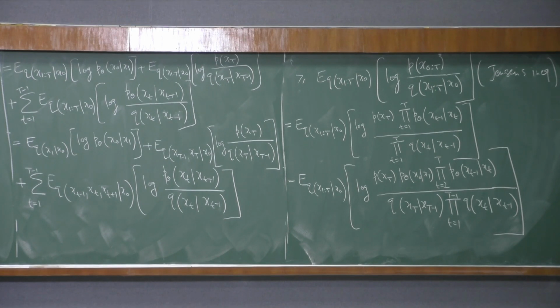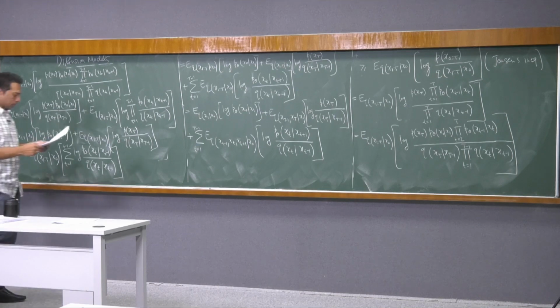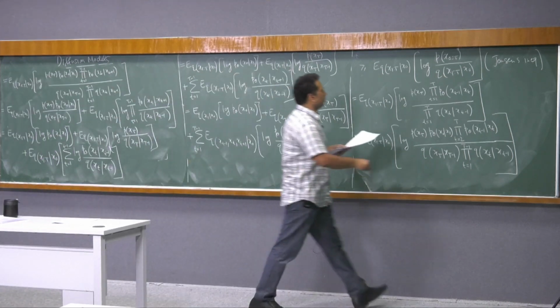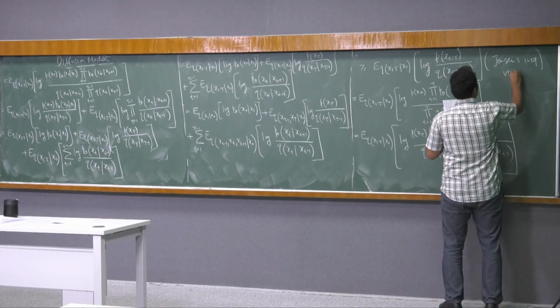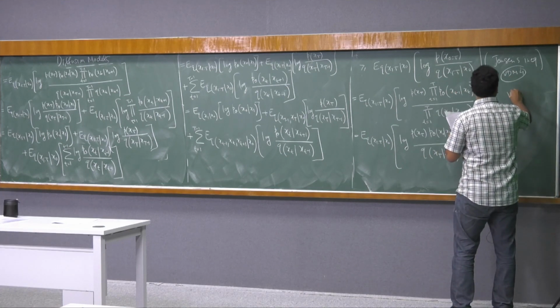Okay, so in this derivation, it's good to keep some of the steps. Let us say that this is VDM4, and the next step is VDM5.